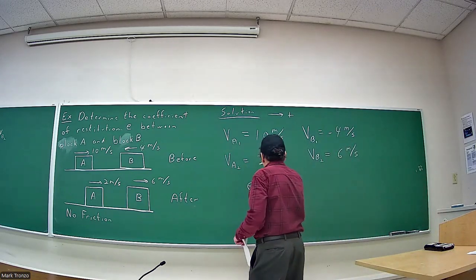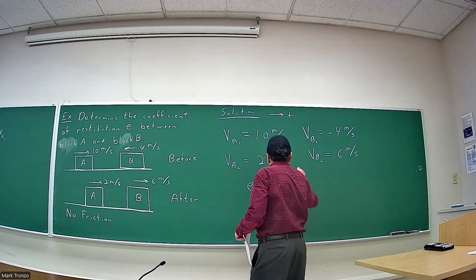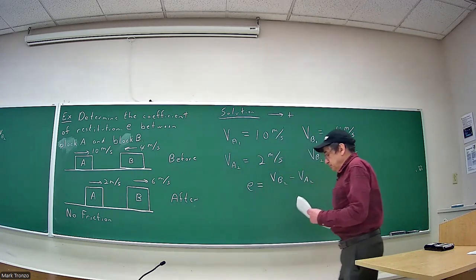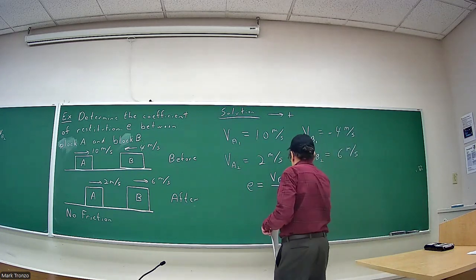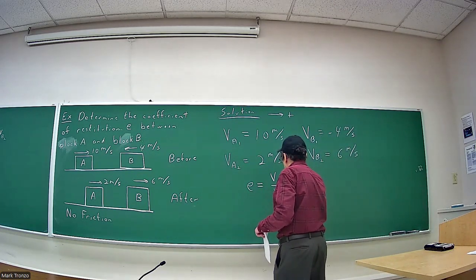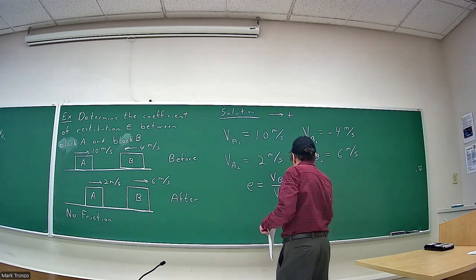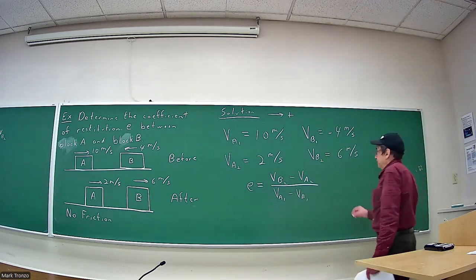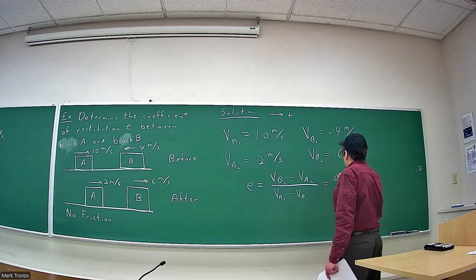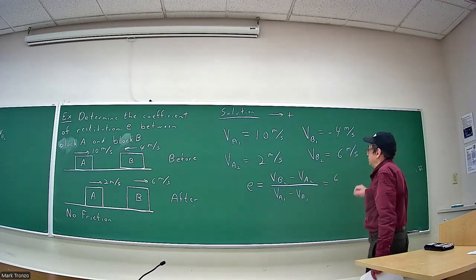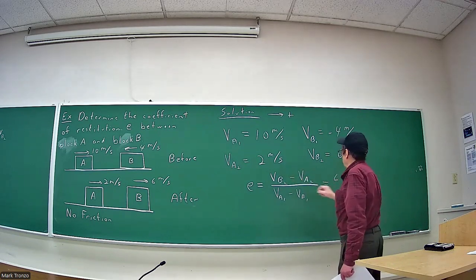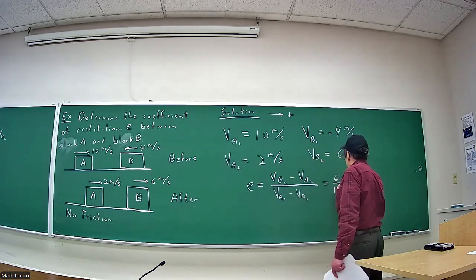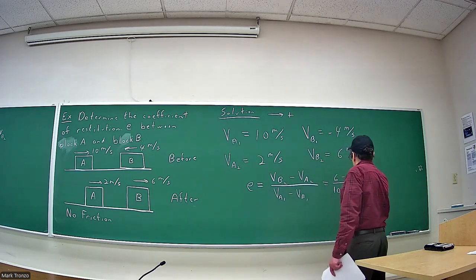And remember that is E equals VB2 minus VA2 divided by VA1 minus VB1, like that. And just put your values in. 6, I won't put the units in here because they're all meters per second. 6 minus 2 divided by 10 minus a minus 4.